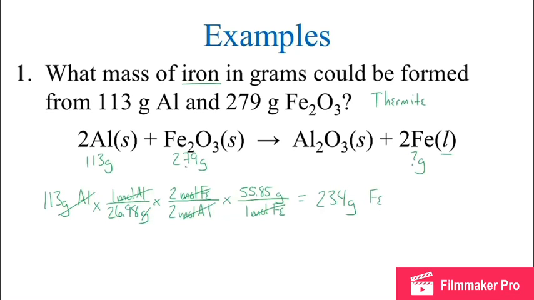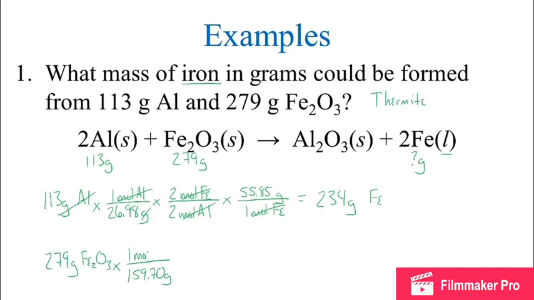Well, how about the 279 grams of iron 3 oxide? Well, we'll do a similar calculation for that. So 279 grams iron 3 oxide. We're going to have mass, and I always need to get it into moles to use the stoichiometric ratio here. So we find the molar mass of iron 3 oxide. So we add up 2 irons, 3 oxygens, and I got 159.70 grams.